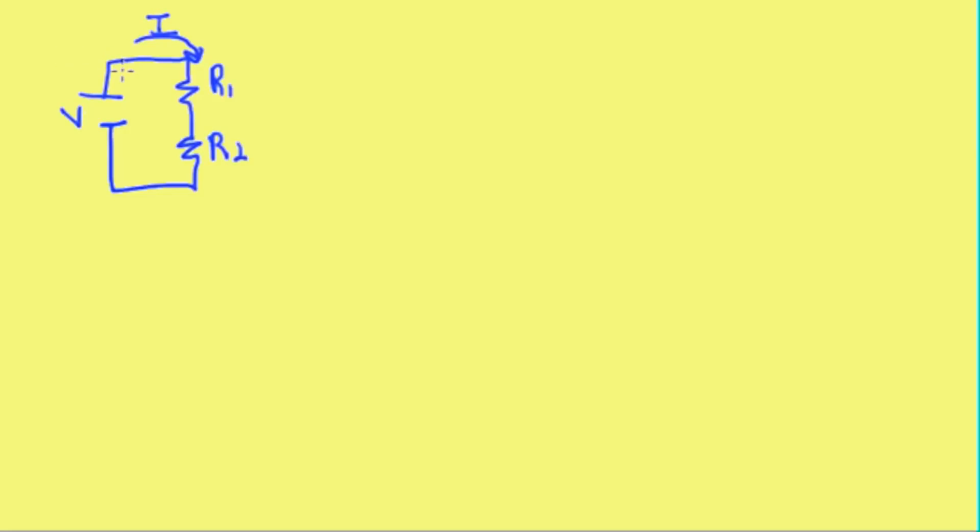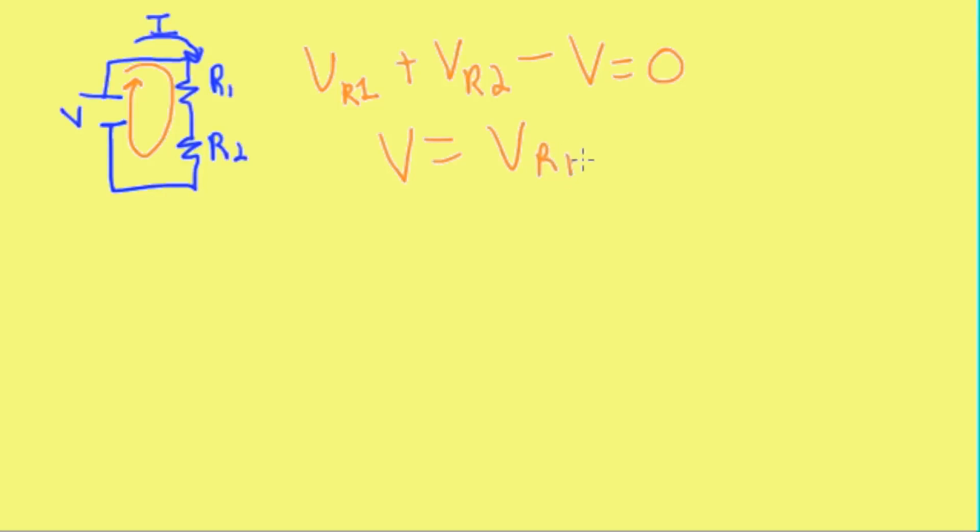If we start up here and do a loop, come around, back. So the first part is V sub R1 plus V sub R2 minus V equal to 0, or the voltage from the voltage source equals the voltage across resistor 1 plus the voltage across resistor 2.